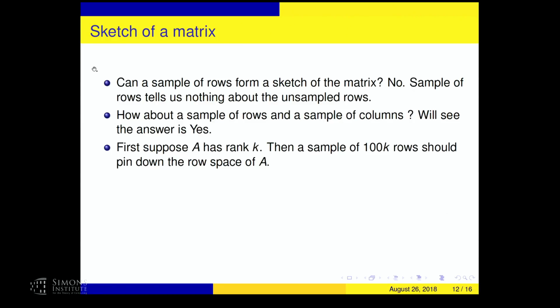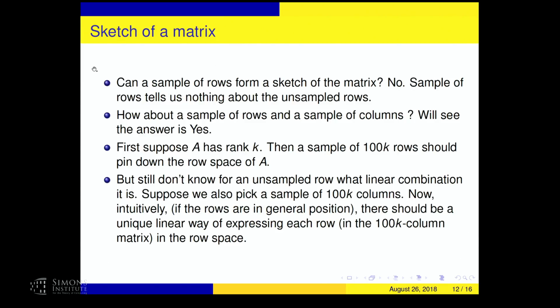First, some intuition. Suppose A is rank K, and I pick 100K rows. If things are in decent general position, that should pin down the row space of A. I picked enough rows that I should be getting more or less the entire row space of A. But I still don't know for each unsampled row what linear combination it is of the sampled rows. 100K is enough to span the whole space, but we don't know what combination.